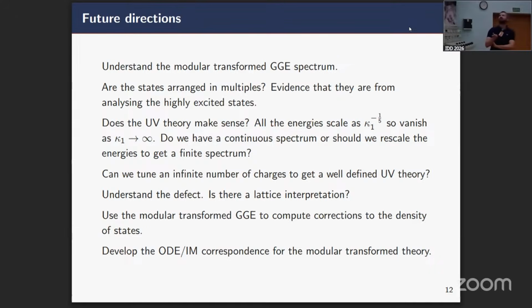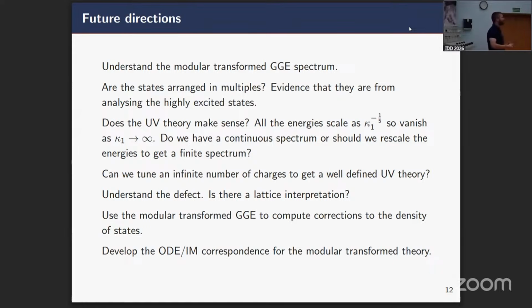This is analogous to some work that's been done by Leclerc and others in the case of TT bar deformations, where they flow from the IR back up to the UV. I can then also try and think about this defect that I introduced. At the moment, we just see it as a useful picture, and we have this transmission factor looking term in the TBA equations.